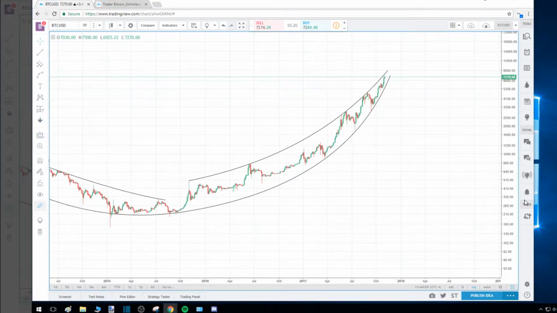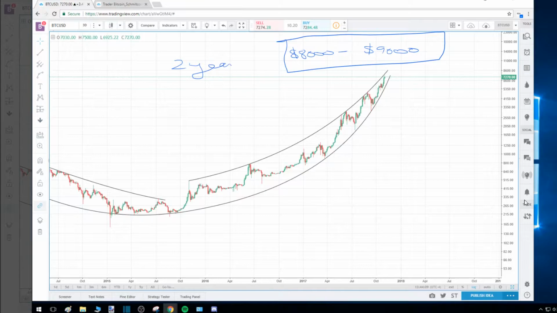So this would have us at like 8 to 9K. So something like $8,000 to $9,000, somewhere in there. This is the absolute maximum I am anticipating seeing it going, because you see that it's abided by this parabolic envelope, and it has not deviated from this trend for 2 years.